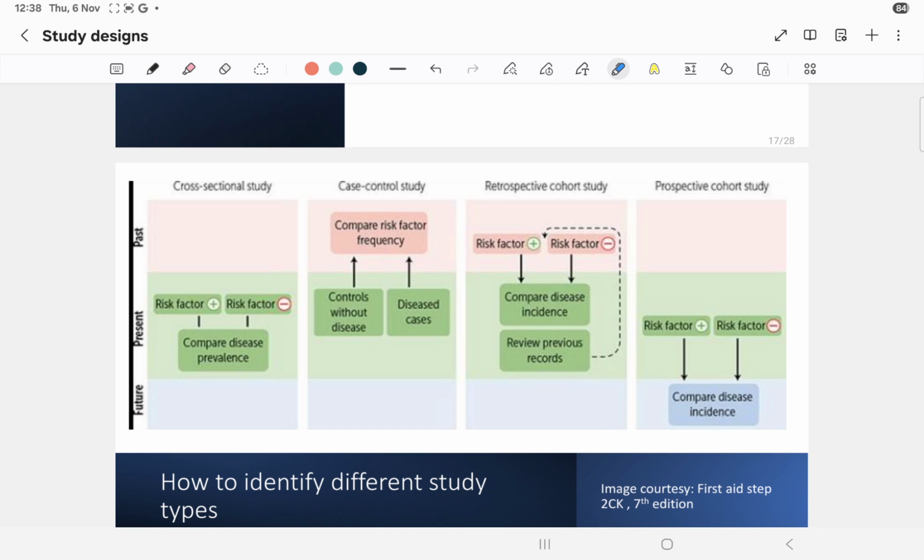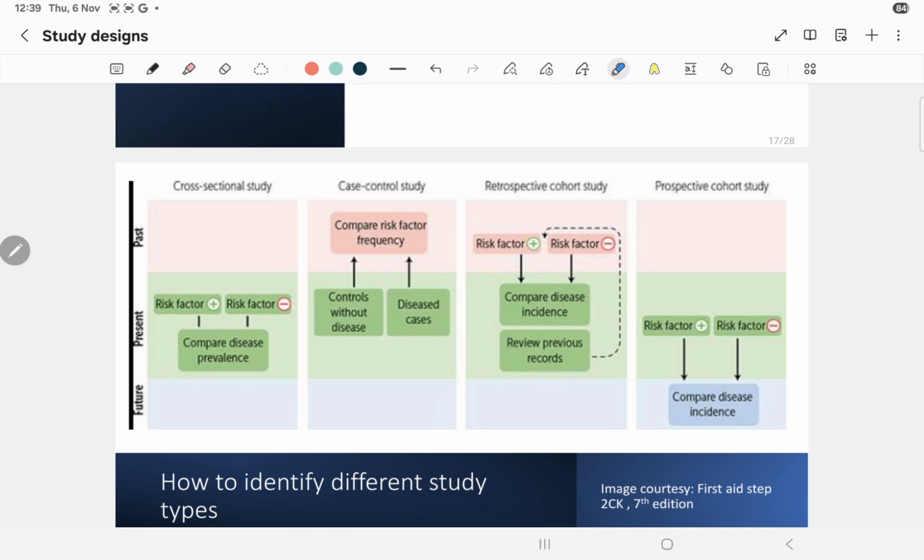In a retrospective cohort study, what will we do? We will go back in the past to check who had the risk factor or exposure and who didn't. We are comparing exposed individuals with non-exposed individuals.